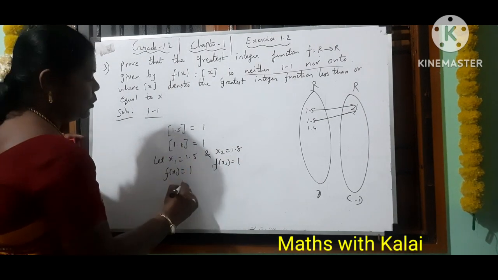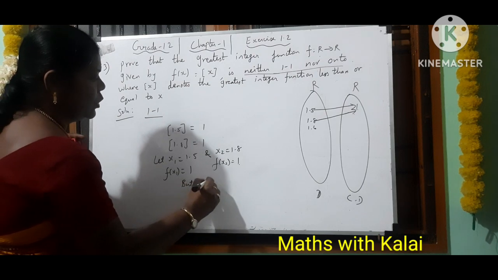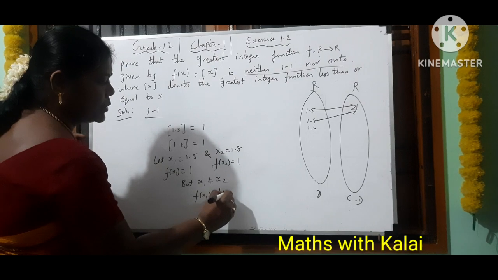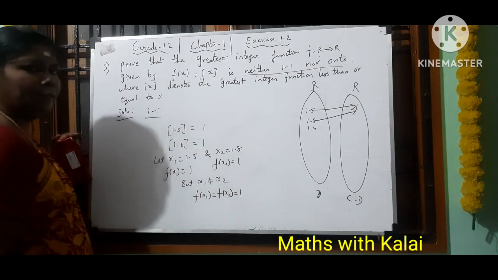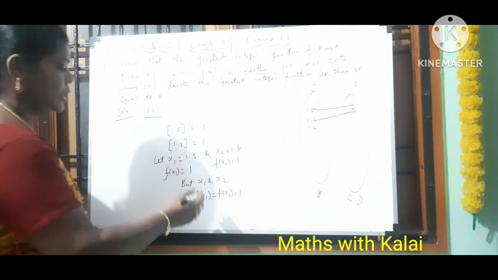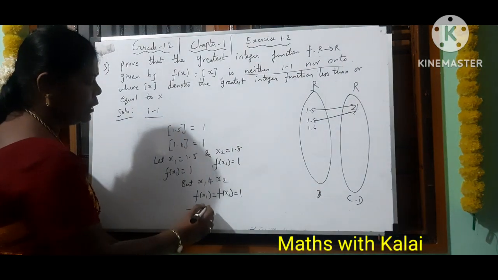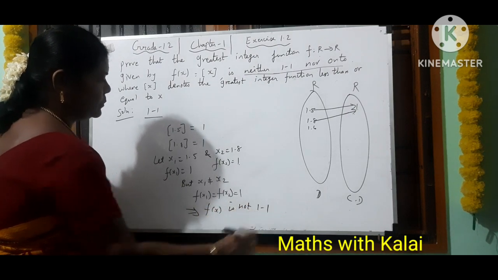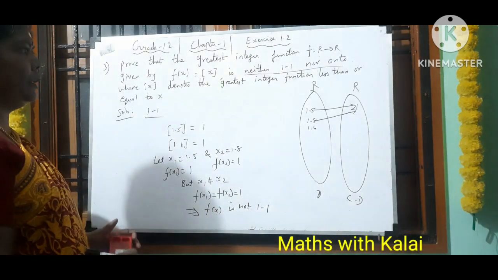Actually x1 and x2 are not equal, x1 is not equal to x2, but the answer of f of x1 and the answer of f of x2 are both equal to 1. For x1 not equal to x2, we have f of x1 equal to f of x2. By definition, the given function f of x is not 1 to 1. So we have already proved it is not 1 to 1.